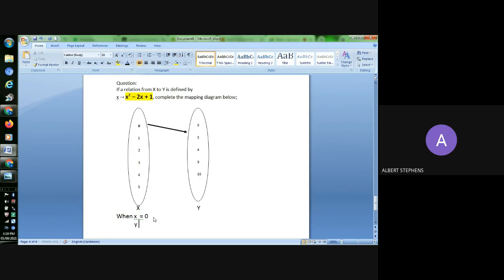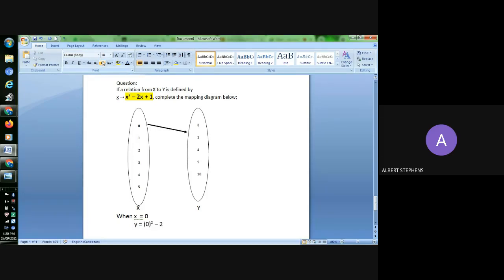I know you don't see y, but the x arrow is actually y. So y is equal to what? x squared. But you're not going to write x squared. Replace x with 0. That becomes 0 squared.